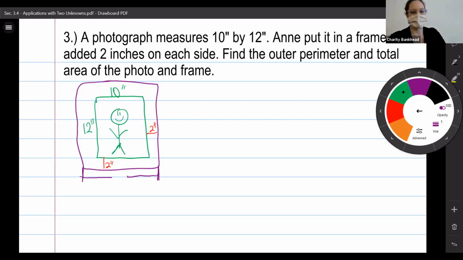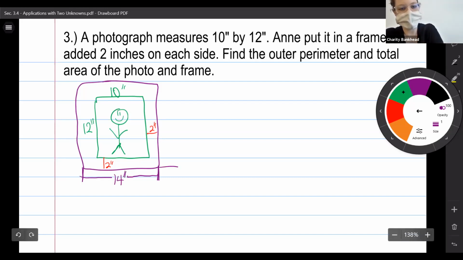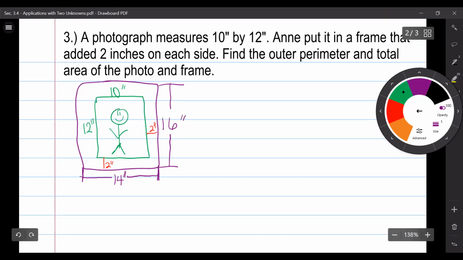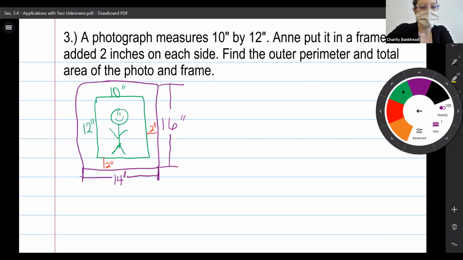So 14. So then the height of the frame is 16. Yep. All right.